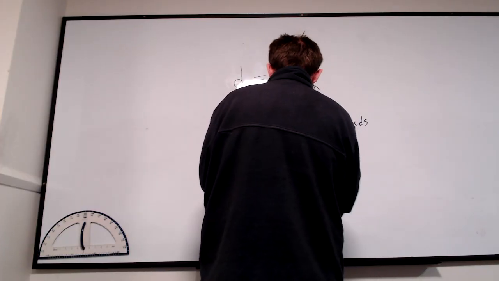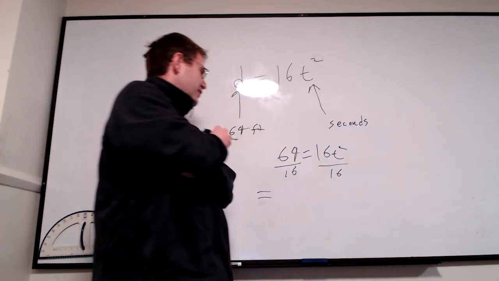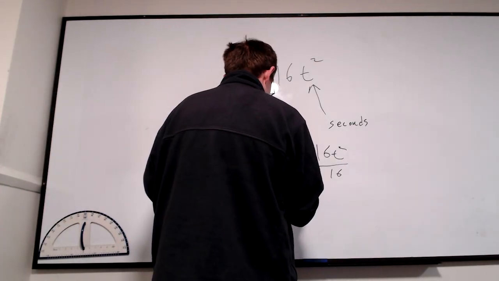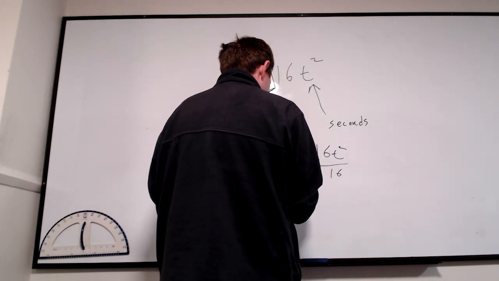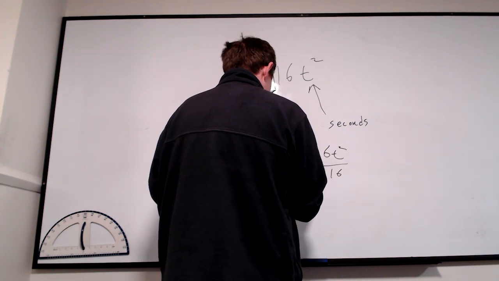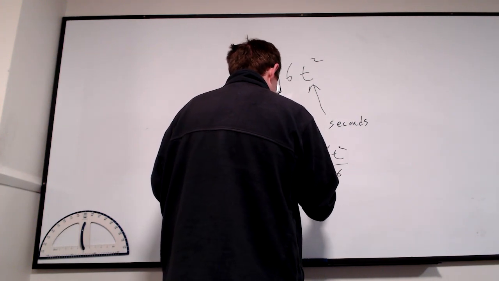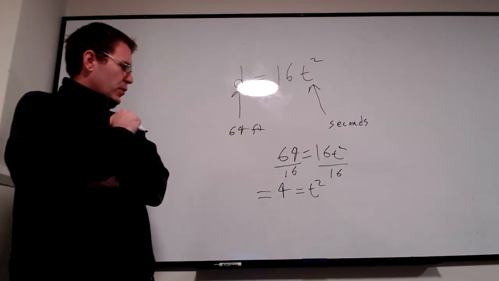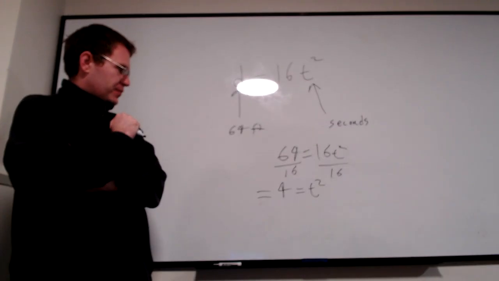So what's 64 divided by 16? 4. Yep. So 4 equals t squared.